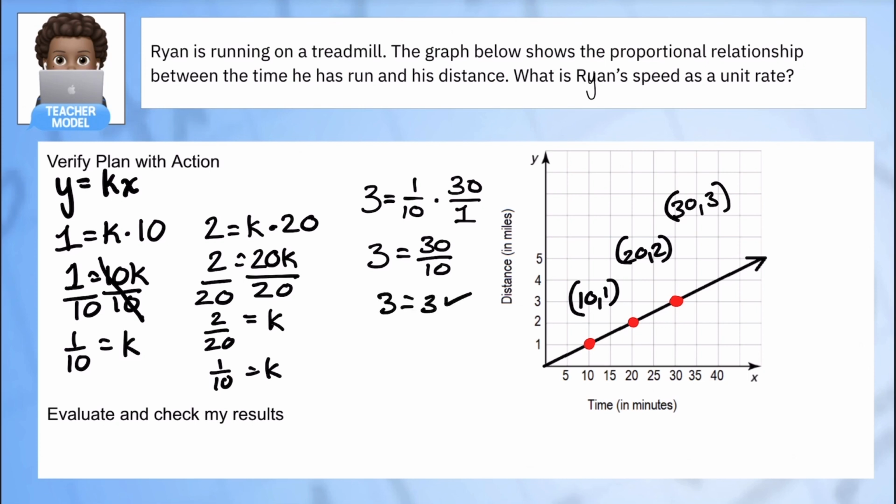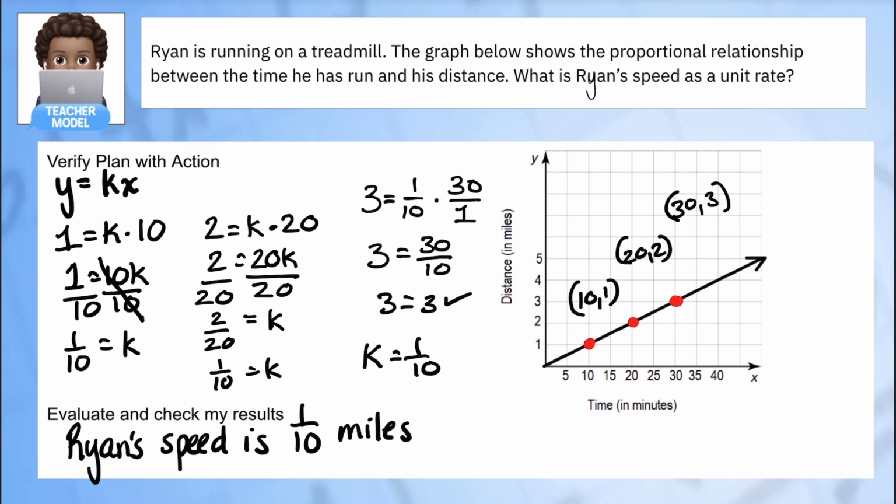So this is valid. So my k is equal to 1/10. And what does that 1/10 actually mean? Let's put this into context. This means that Ryan's speed is 1/10 miles per minute.